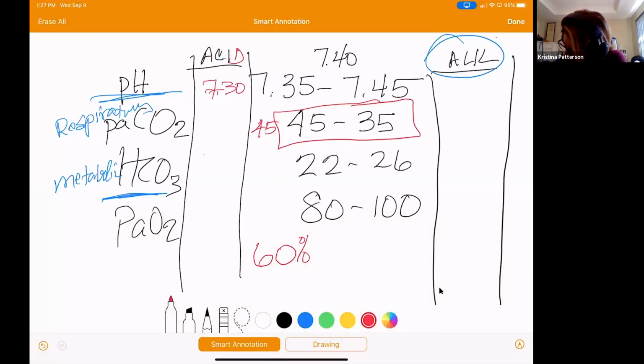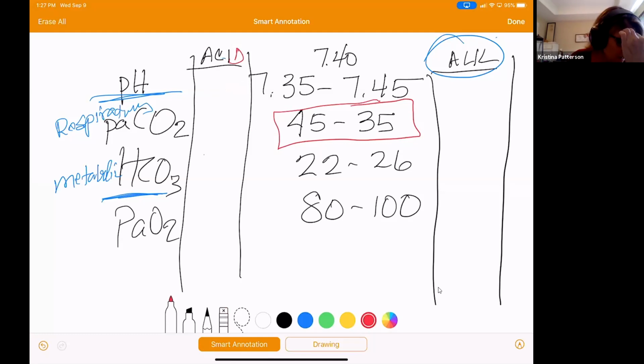All right, first thing I need to do here is get out my eraser. All right, so we have a pH of 7.15, so that's over here. And we have a PaCO2 of 68 and a bicarb of 22.